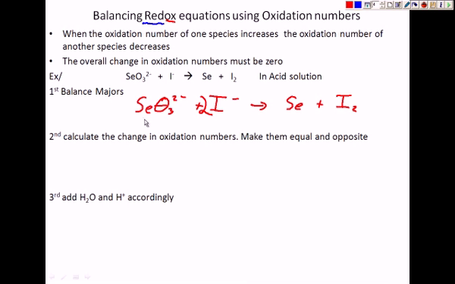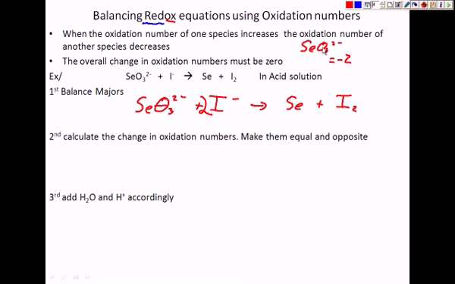Now we're going to calculate the change in oxidation numbers. So first calculate the oxidation number of Se. If I write SeO3 2 minus, this is going to equal minus 2.